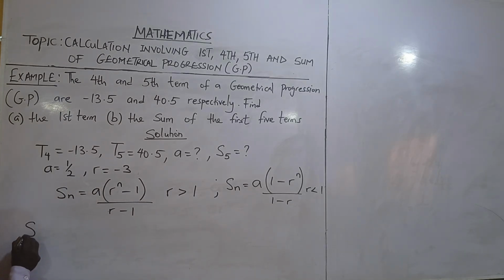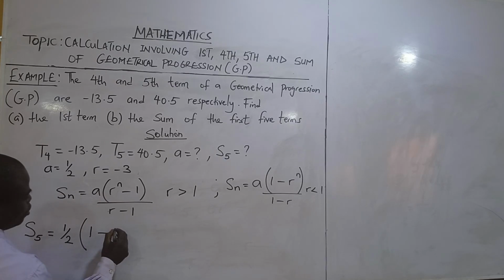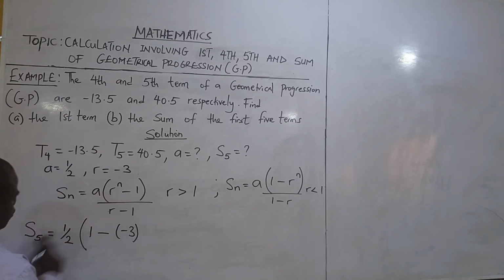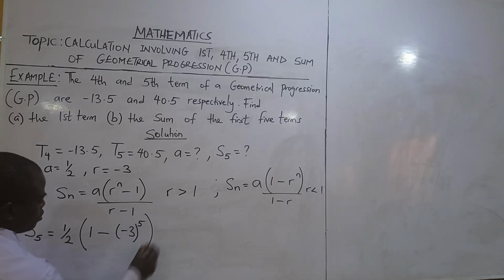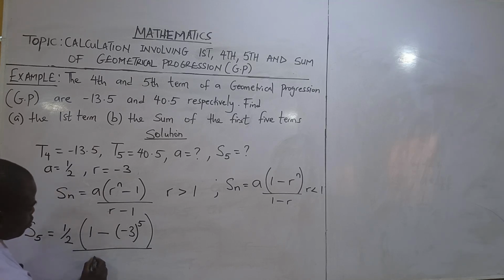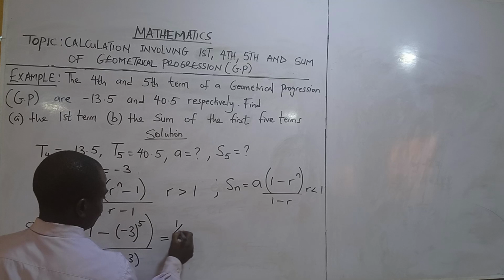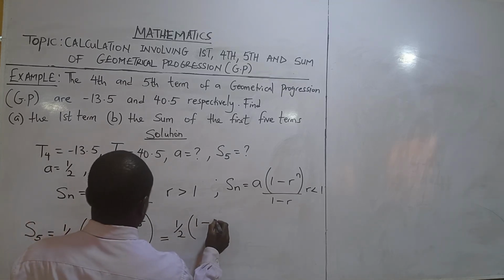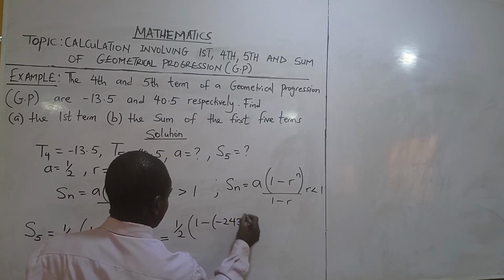Now the sum of the first five terms equals, what's the first term? Half, open the bracket, 1 minus minus 3 raised to power 5, which is our n, close the bracket, over 1 minus minus 3.